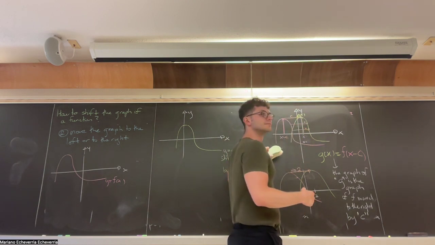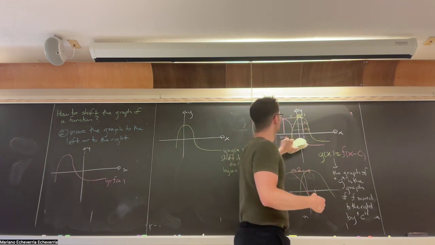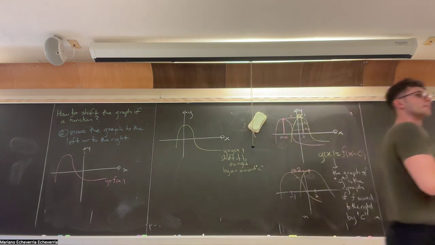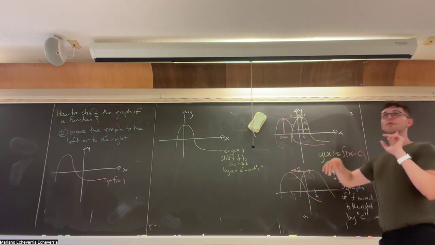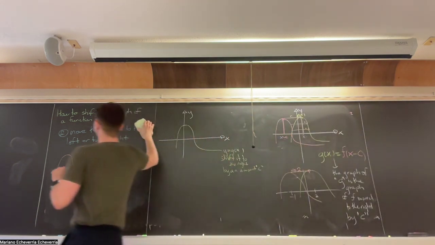How do you differentiate whether it's going left or up and down? Okay, so let's actually do it for all the cases. I'll do it for the parabola, okay?